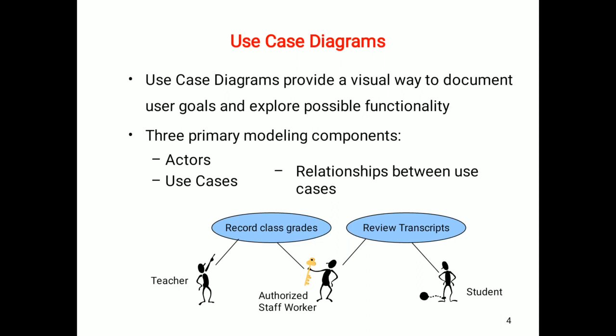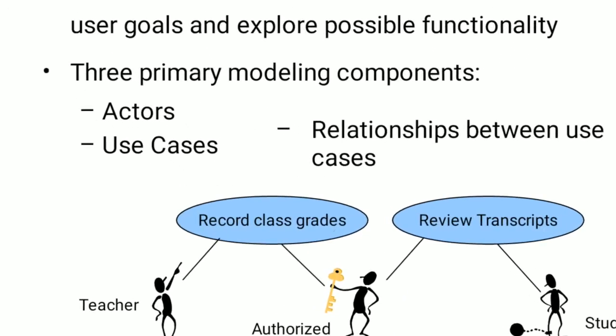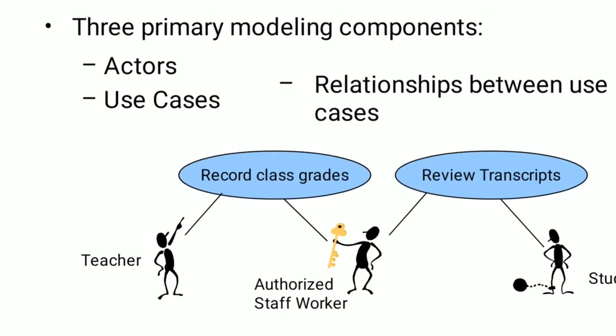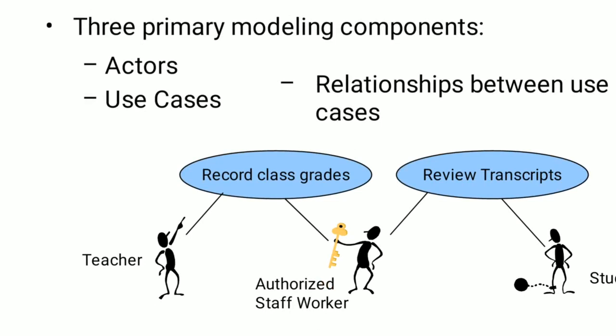Now see, here we have to write the operation in the use cases. This elliptical, blue shaded shape is nothing but your use case. Now record class grades, this is the use case, this is the phrase, this is the work that you have to do. So this actor is doing that, the teacher and your authorized staff worker, these two are doing this action. What action are they performing?